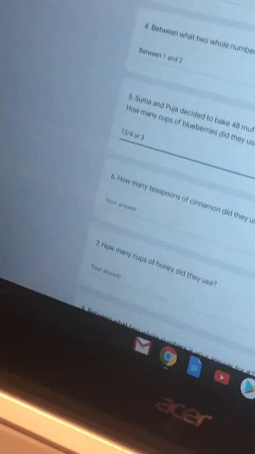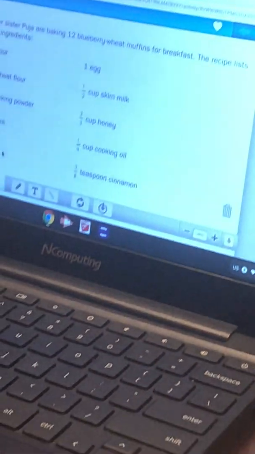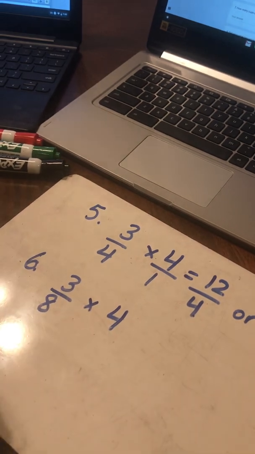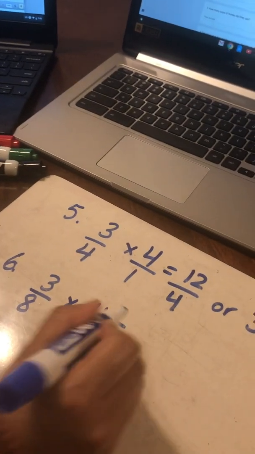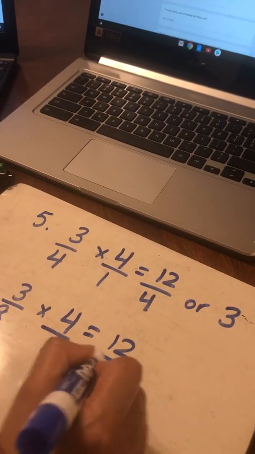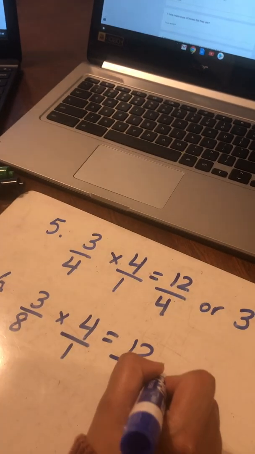Okay, number 6. How many teaspoons of cinnamon do they need? All right, cinnamon. So they need 3/8 of a teaspoon of cinnamon times 4. So I put a 1 underneath the 4 and multiply across. So this is 12, and 8 times 1 is 8. So my answer is 12/8.